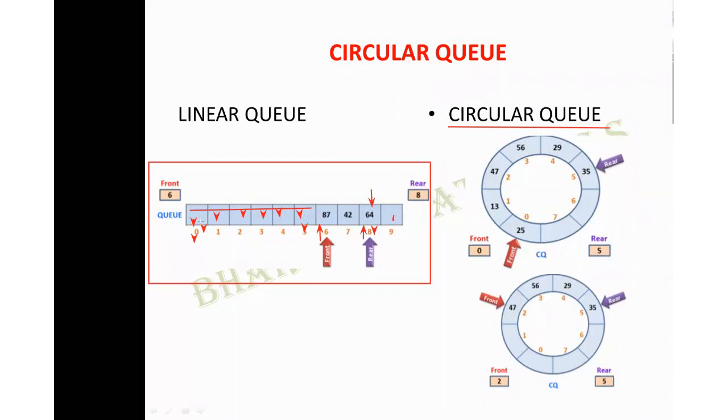Apart from that, you have removed the elements from the queue. These cells are remaining empty, so it's going as a waste. Only 3 more elements are remaining in your queue, so this many positions are going as a waste. Is it clear? This wastage could be avoided with the concept of circular queue.